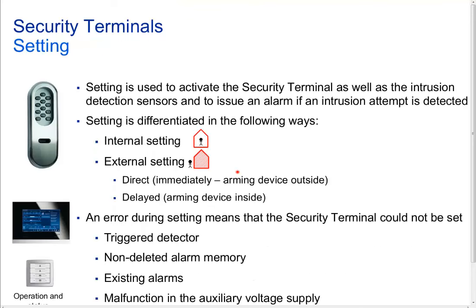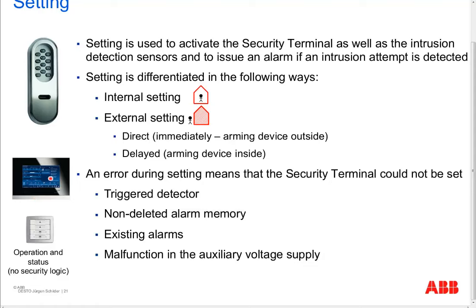Setting devices, furthermore, are necessary. A setting device means I need a component to activate the alarm system. If I leave my home, for example, or if I go to bed, I can activate my alarm system. I can do it with our KNX touch panels, for example.